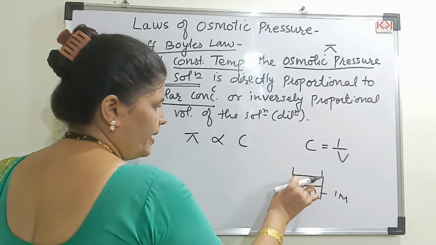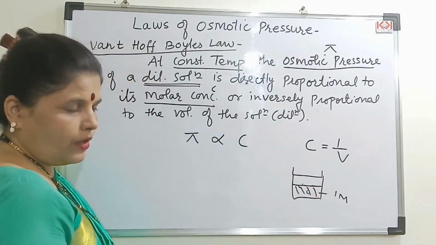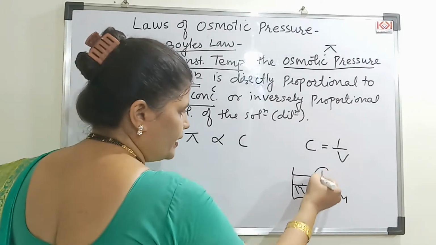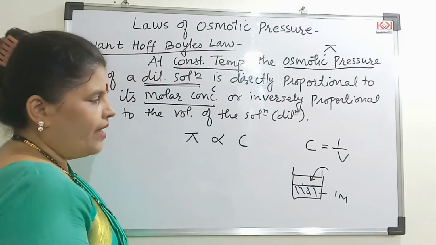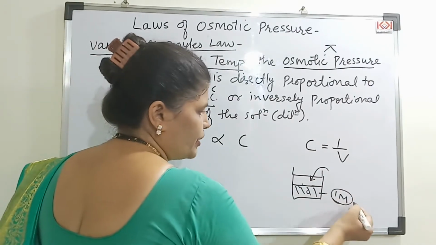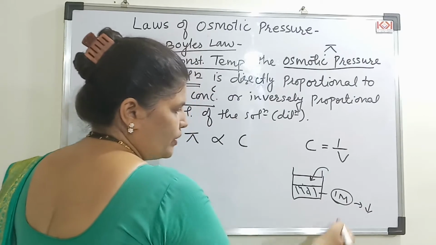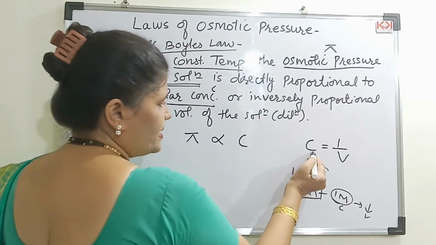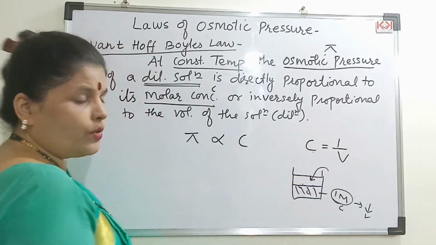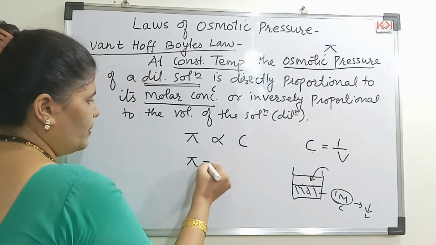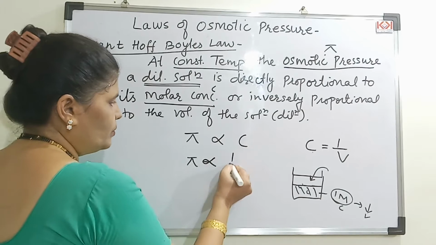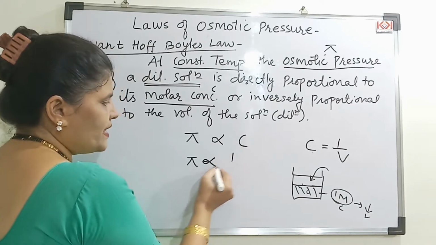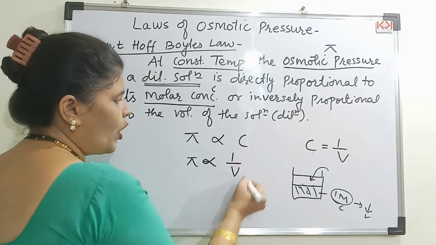But all of a sudden if a guest visits your house, you can add water to increase the volume. What will happen to concentration? Concentration will decrease. So concentration and volume have an inverse relation here. So I can say C is inversely proportional to volume. So pi is directly proportional to concentration, while inversely proportional to its volume or dilution.